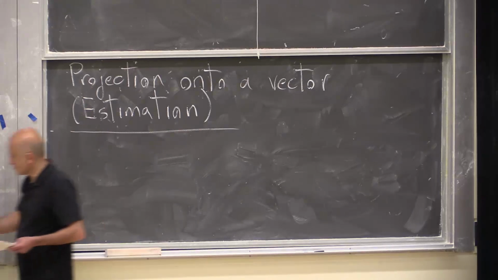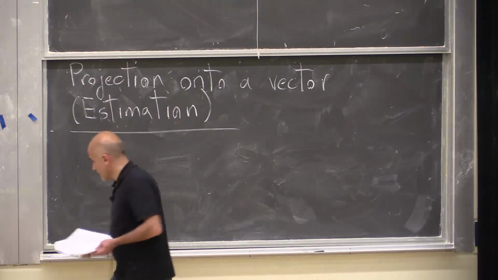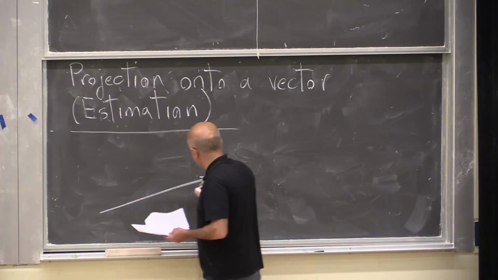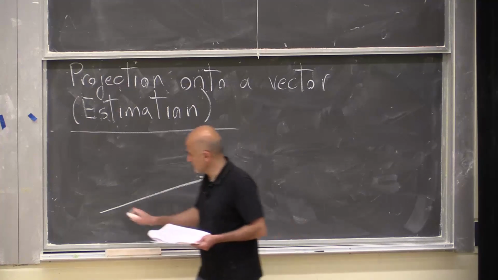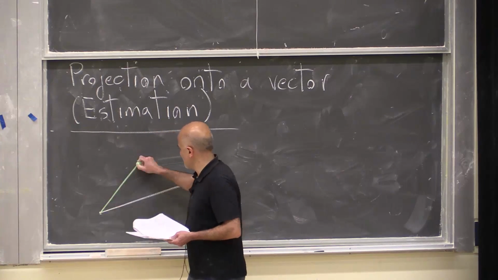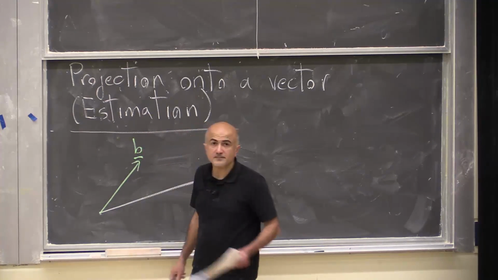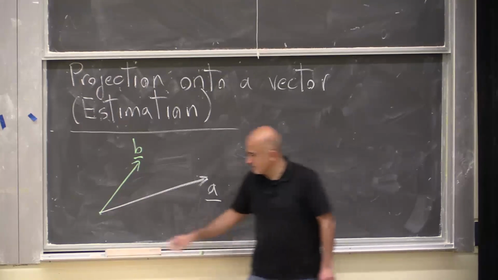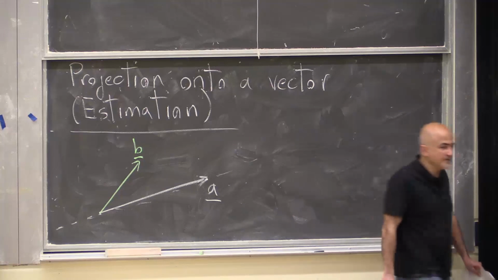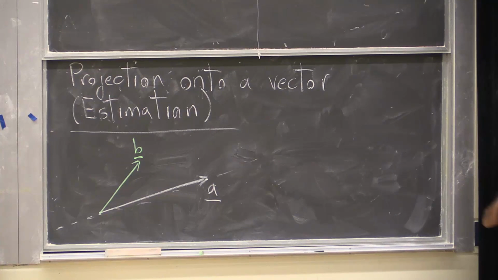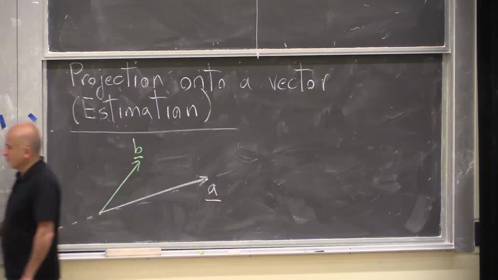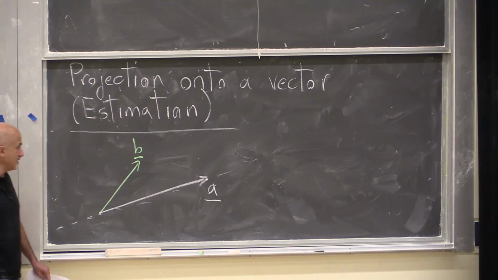So let's say I have a vector A, okay? And I have a vector B. And I tell you, hey, Joey, you're only allowed to walk along the vector A. Find the best approximation.